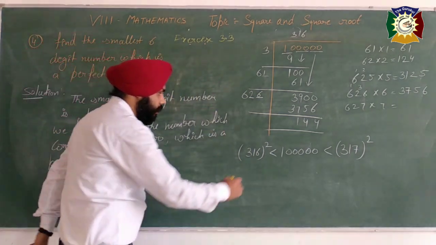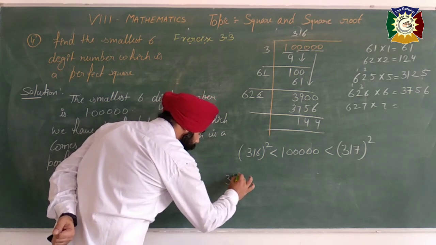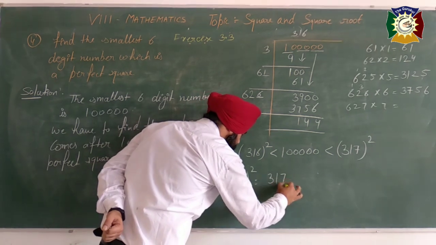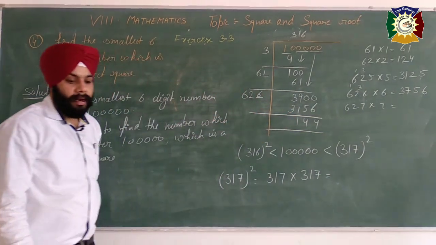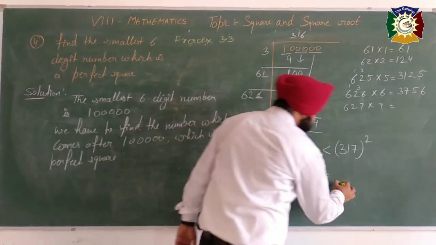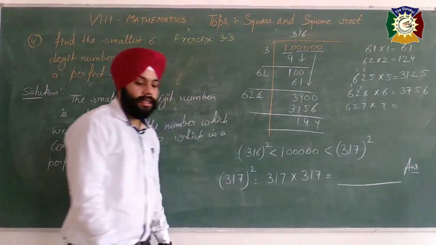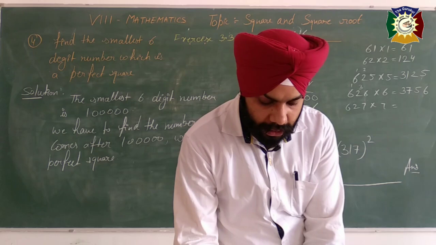Now the smallest 6-digit number is 317 square, that is 317 multiplied with 317. Multiply this and you will get your answer, which is the smallest 6-digit number which is a perfect square.